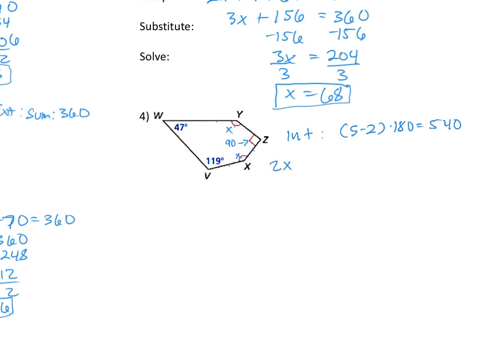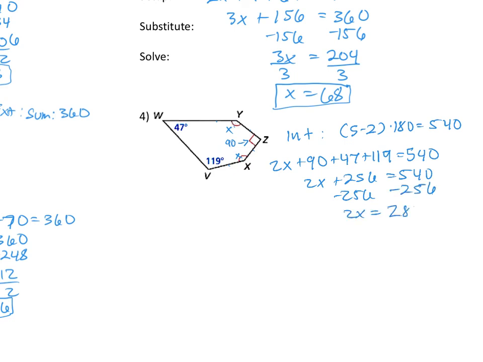Then 2x plus 90 plus 47 plus 119 must equal 540. Combine like terms. 2x plus 256 must equal 540. Subtract 256 on both sides. Divide by 2, and x should equal 142.